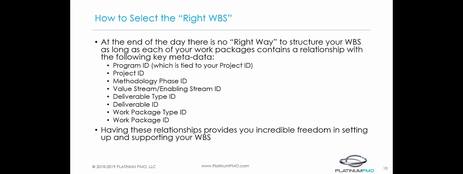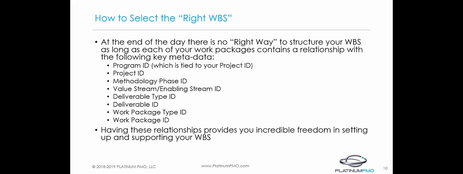So within your project plan, be sure that you set up metadata that represents some of these key fields. Your program ID, your project ID, the methodology phase ID, your organizational ID, which is representing either your value streams or enabling streams, the deliverable type ID, the deliverable ID, your work package type ID, and your work package ID.